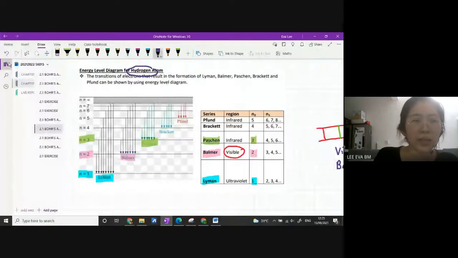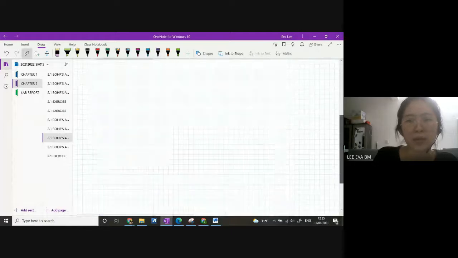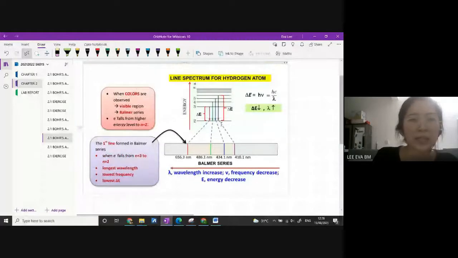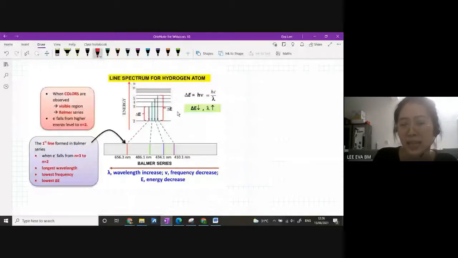Okay, so let's look at how we are going to produce a line spectrum, which is represented by this diagram. This diagram is what Madam drew earlier. This is your energy level diagram. We have our y-axis representing energy in joules. We have energy levels 2, 3, 4, 5, and at the very bottom there is energy level 1.